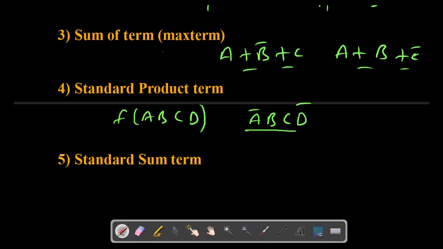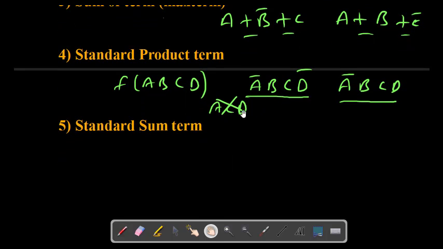All four are present, so this is a standard product term provided the function depends on A, B, C, D. Then one more, like A B C D, in complemented or uncomplemented form, is also a standard product term. In this case, if we write A C D, B is missing, so this is not a standard product term, it is just a product.